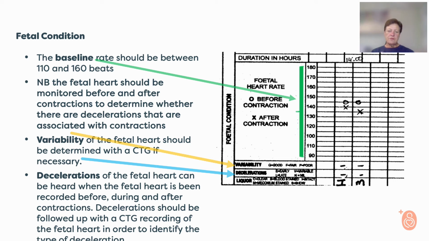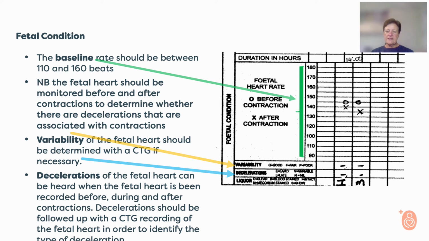So in order to be able to do variability, we need to do a CTG assessment. And then we measure the variability in terms of good, fair, and poor. So we will write a G for good, an F for fair, and a P for poor here.